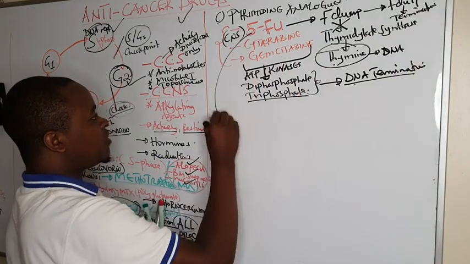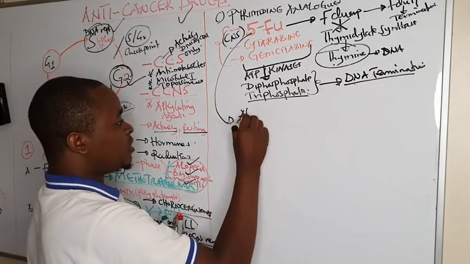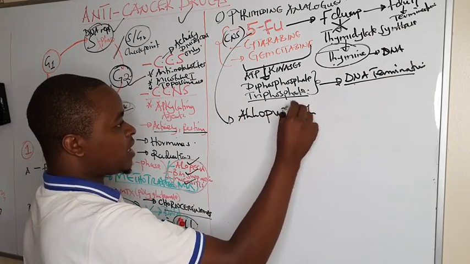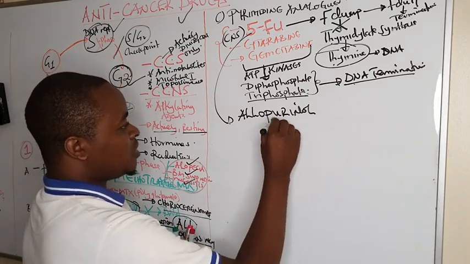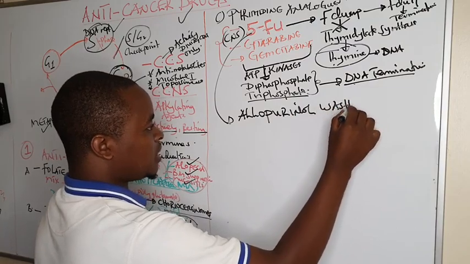So for the antidote for toxicity of 5-fluorouracil, you can use allopurinol mouthwash, because their major side effect is mucositis. So we can use allopurinol mouthwash to counteract their effect.